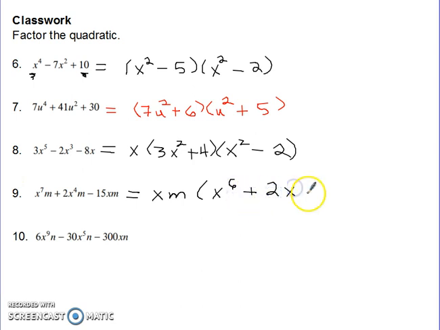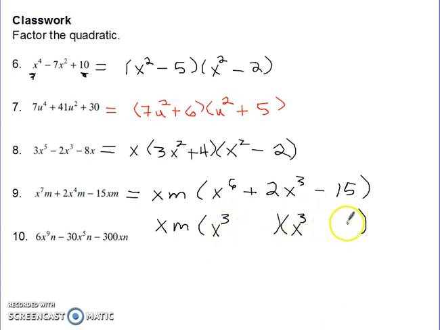And that is going to give me a trinomial that I can factor. I'm trying to think of what two terms will multiply to give me a 6x to the 6th power. x to the 3rd times x to the 3rd gives me an x to the 6th. When we multiply the same base, we add the exponents together.